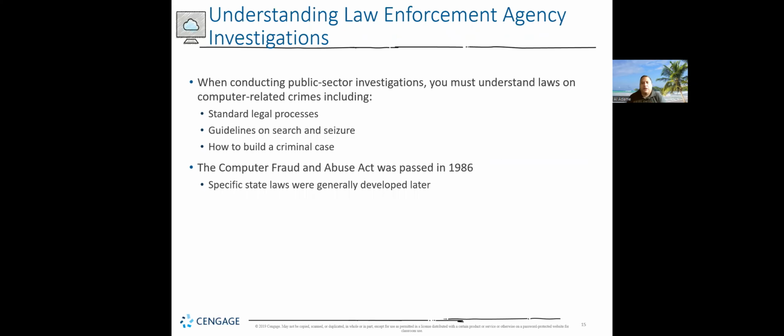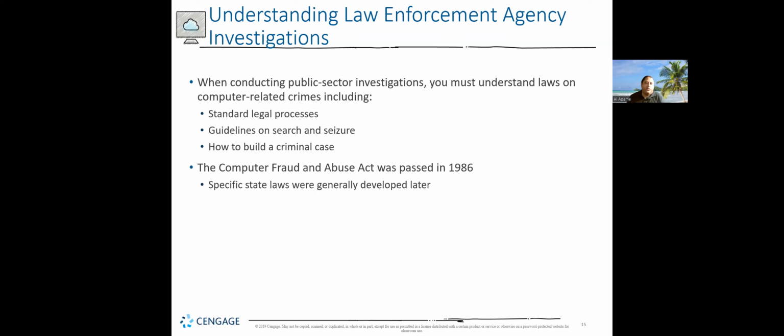When conducting public sector investigations, you must understand laws on computer-related crimes, including standard legal processes. So, how do you gain access to the person's computer? What were they doing? What did they do that broke the law? Which laws did they break? Guidelines on search and seizure must be followed, and how to build a criminal case. Criminology is very important.